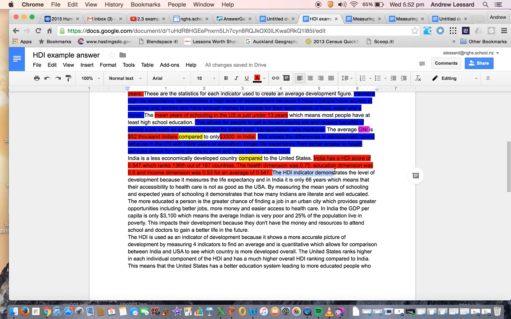And then I said the HDI indicator demonstrates the level of development because it measures the life expectancy. So that is a definition that's saying what it's doing.